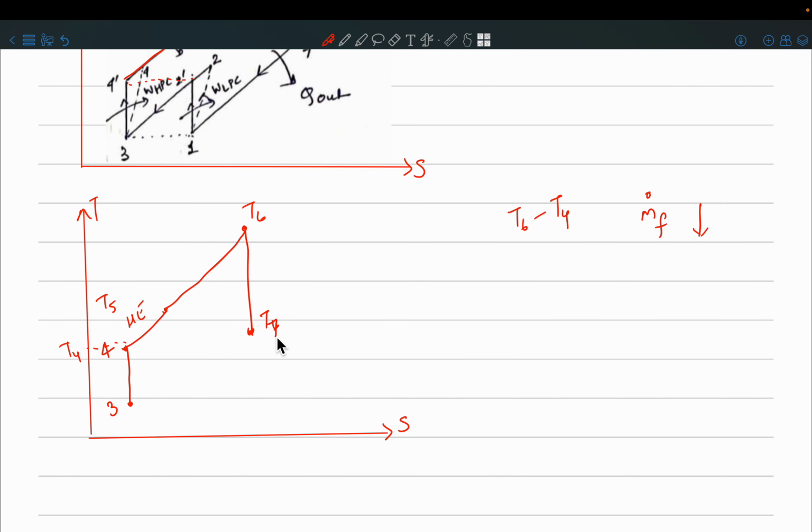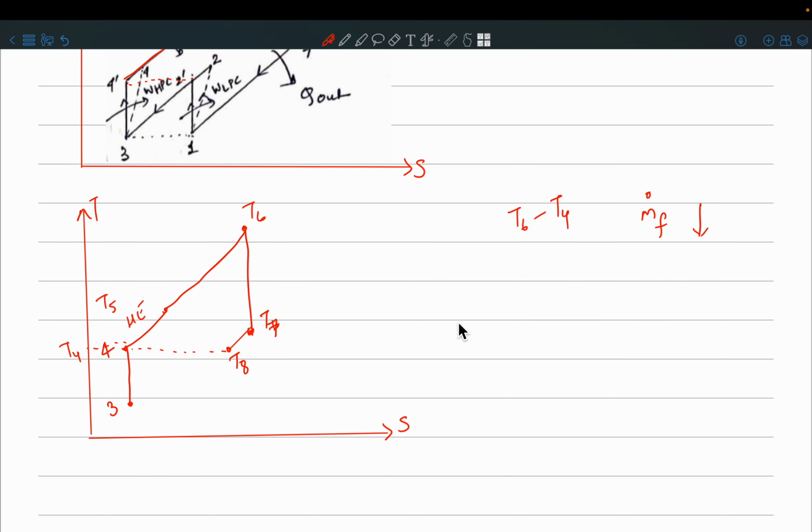Now you can see that this flow is at a much higher temperature. So we allow it to cool slightly at almost constant pressure, and this gives me T8 such that it is almost equal to T4. Now what are we doing here?